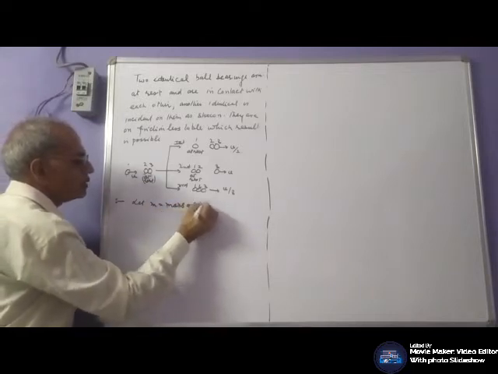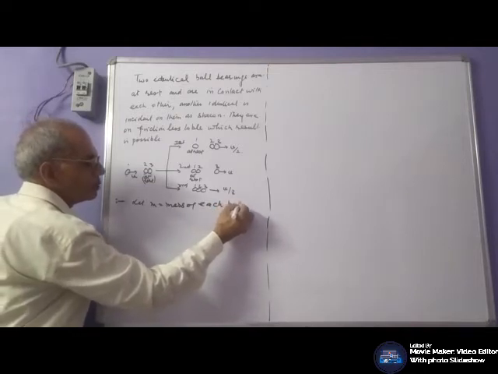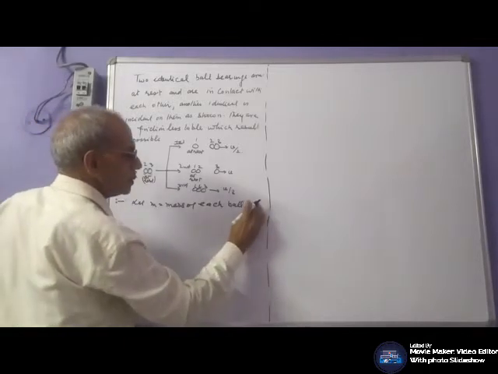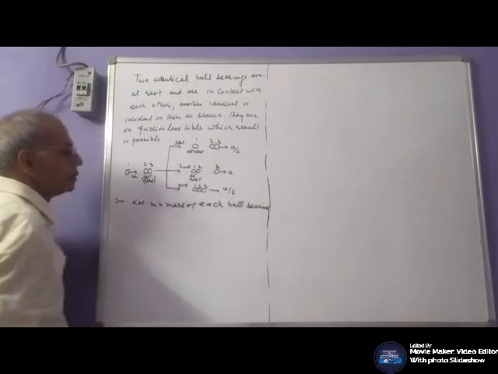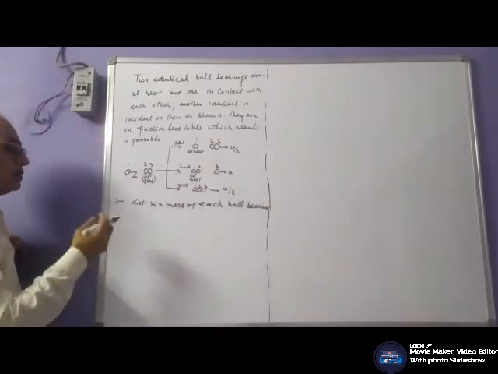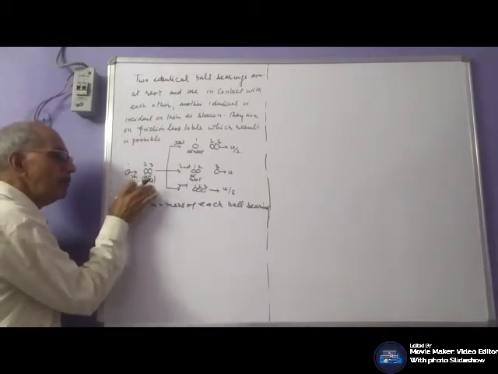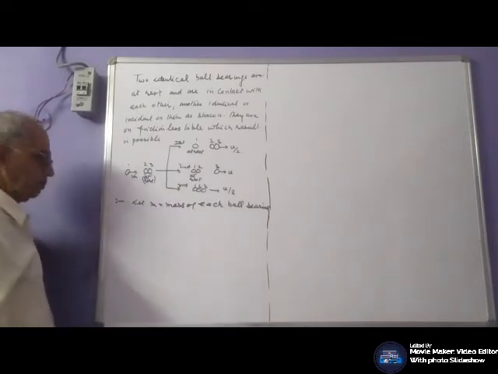Now let the mass of each ball bearing be m. The collision between ball bearings is elastic, so kinetic energy before and after should be the same.